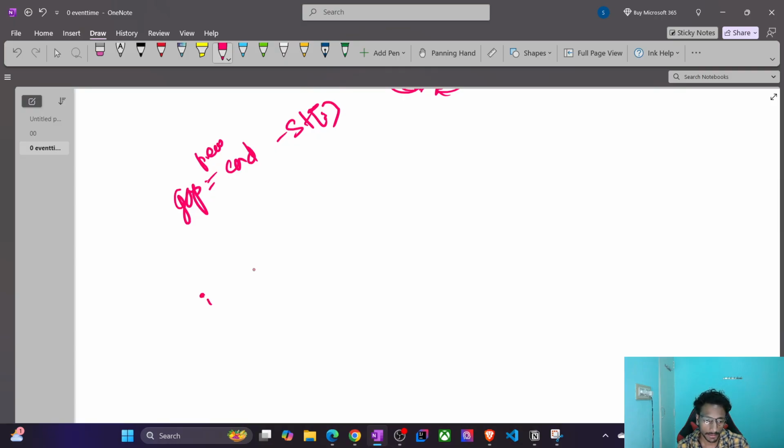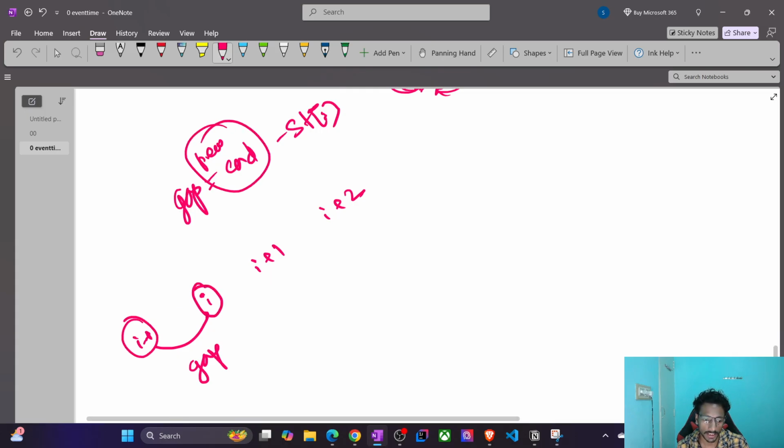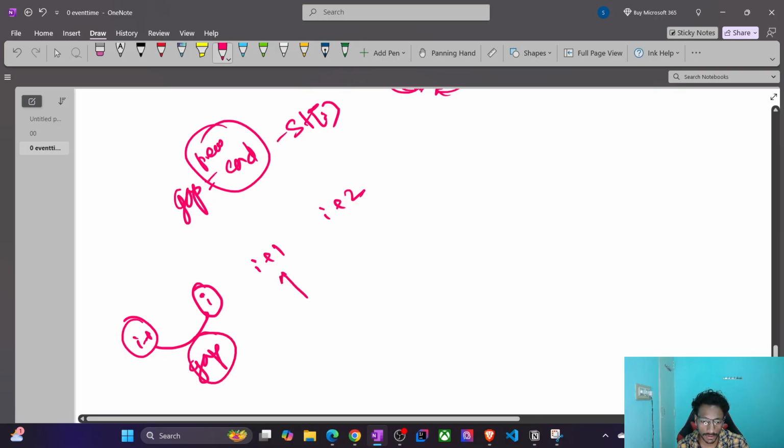So this is I plus 1, I plus 2, and suppose this is I minus 1. Here this is the gap between the previous ending and the current starting. I am trying to store this gap here.